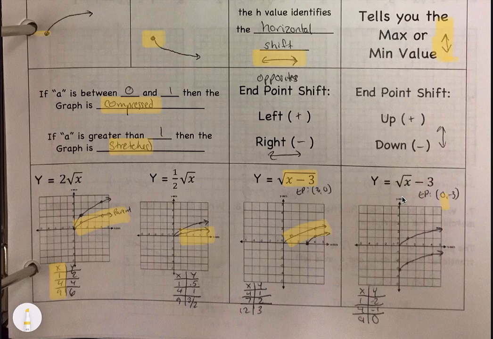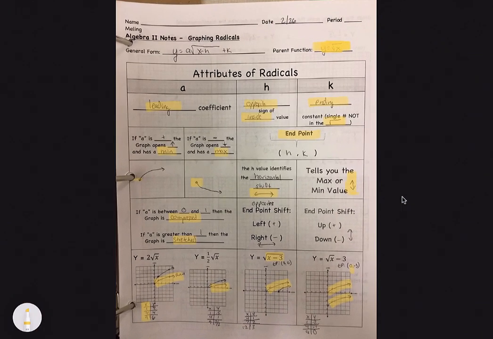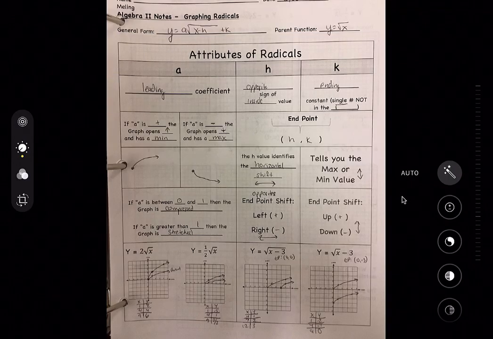And so you can shift from (0, 0) to (3, 0), from (1, 1) to (4, 1), from (4, 2) to (7, 2). And then the last one, square root of x, minus 3, means we shifted 3 down. So you can see the comparison between the parent function and the actual function. Each point is moved down 3. All right, so let's flip it over to the other side.